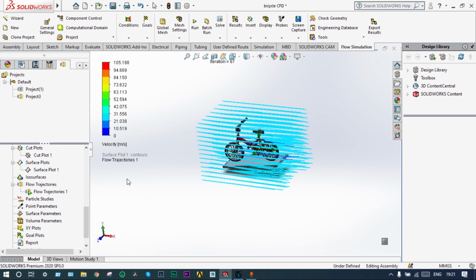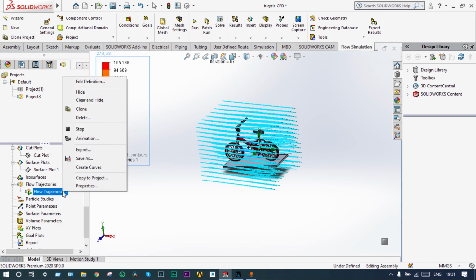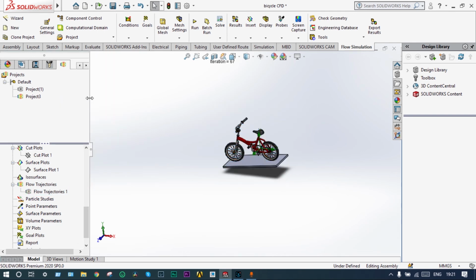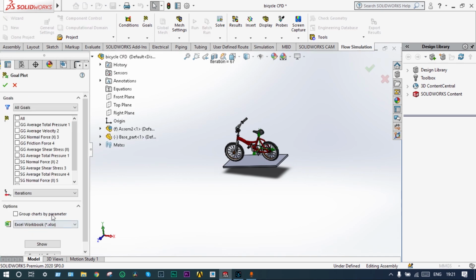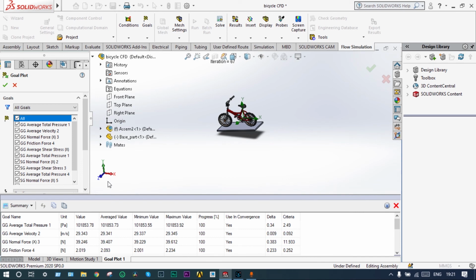Now I want to do one thing. We can see goal plots. So show trajectories, clear and hide. Now we want to see the results. We want to see our goal plots. Insert goal plots. We want to see all the results. Show. These are the summary of the results.